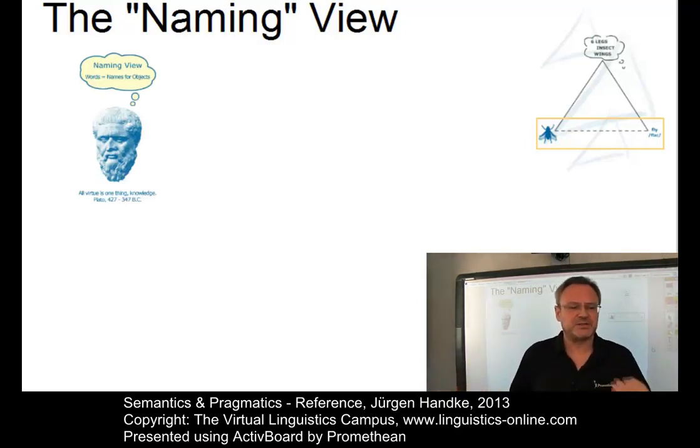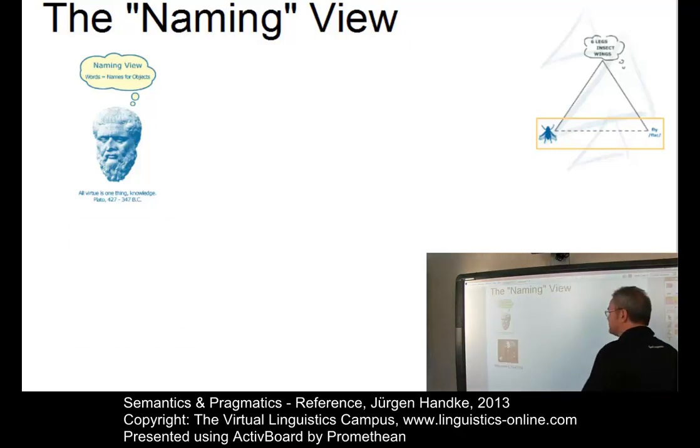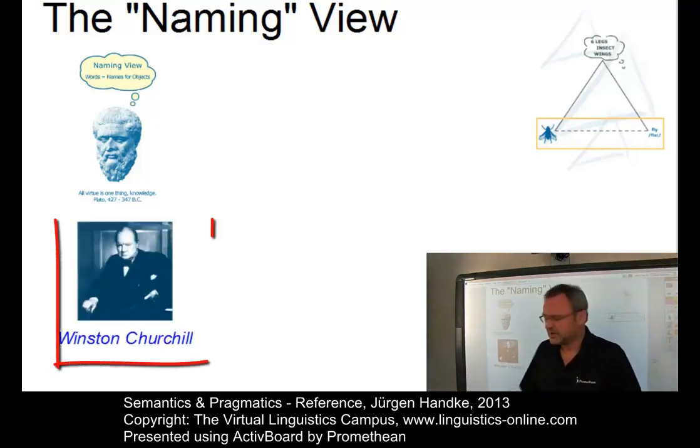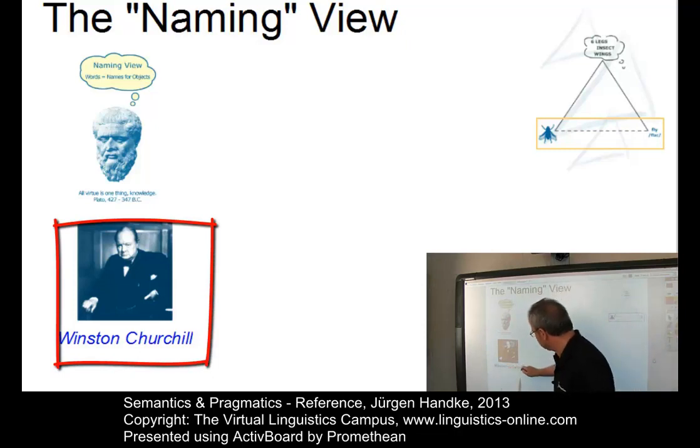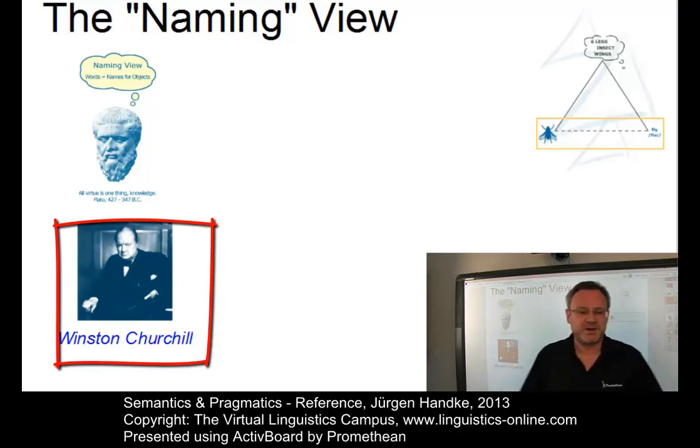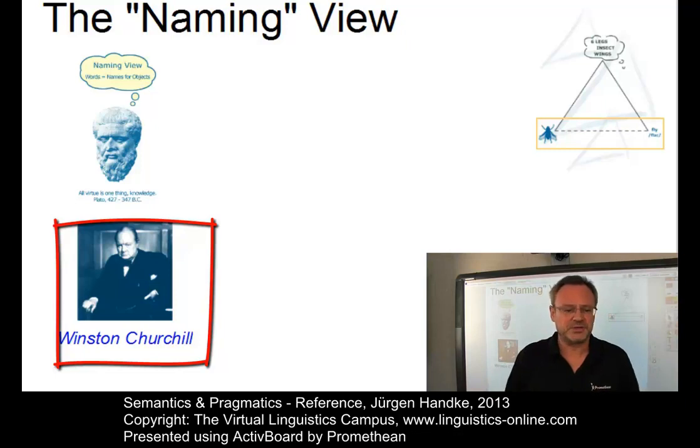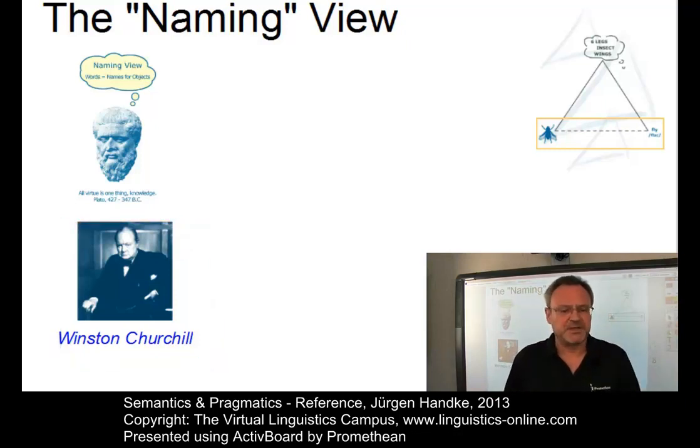It takes the position that the word is a name for an object, that is, meaning is reference. This works with proper names, where we clearly have a word that identifies a particular object in the real world. However, a number of difficulties with the naming view indicate that meaning has to be different from reference.